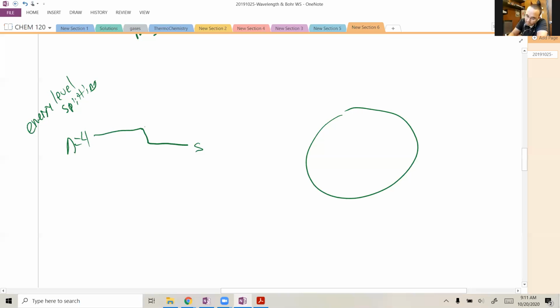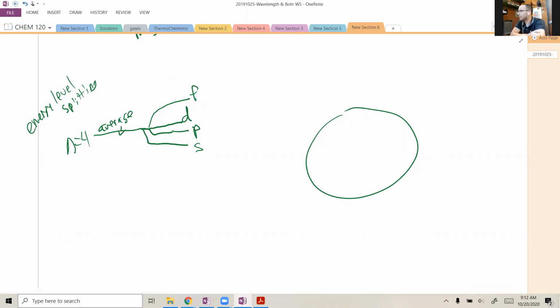Some of them will be split into the P. From there, we can also get into the D, and then because energy level is 4, we also have some that are in the F. So that one energy level, on average, lines up with this line.